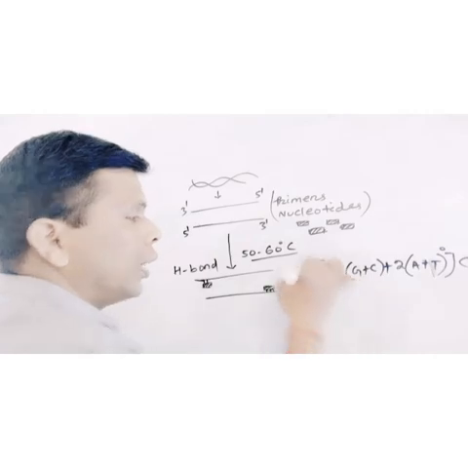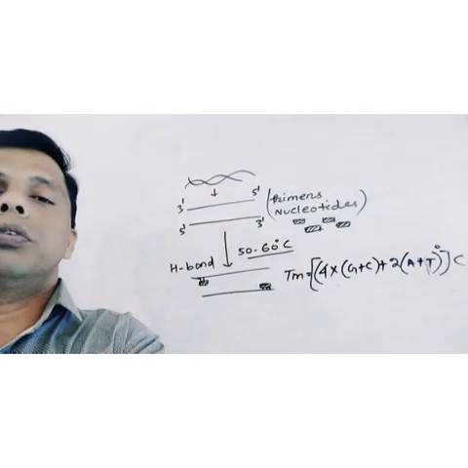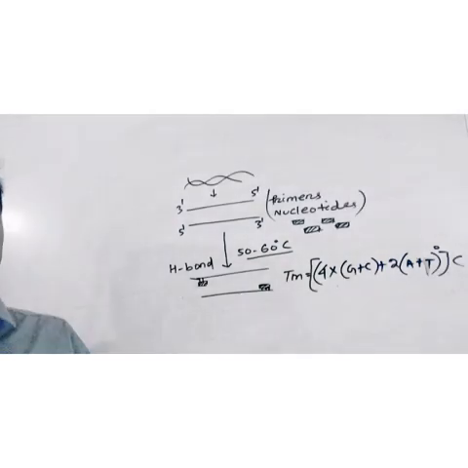This is the temperature calculated for melting in a strand. It depends upon the GC content and other nucleotides.